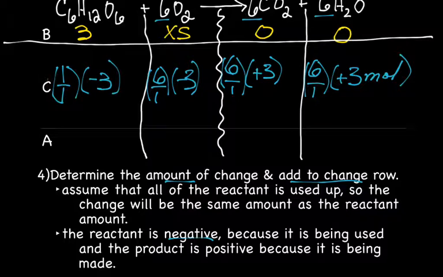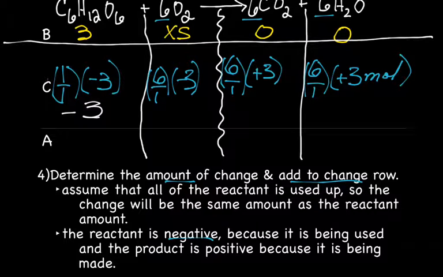Now we need to multiply all of our changes, the negative 3s or the positive 3s, by our mole ratio. For this first one, 1 over 1 times negative 3 is negative 3.